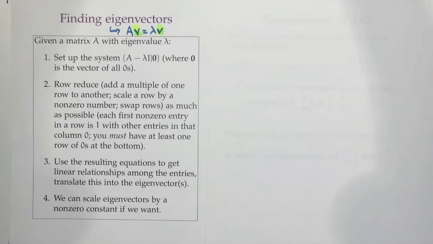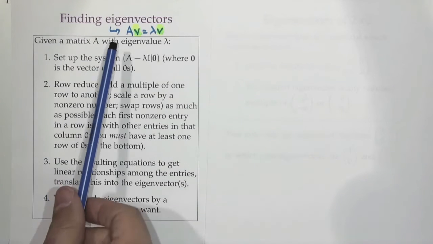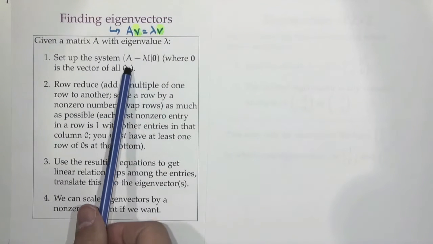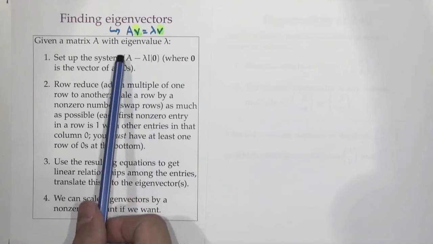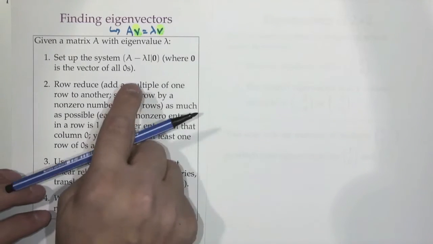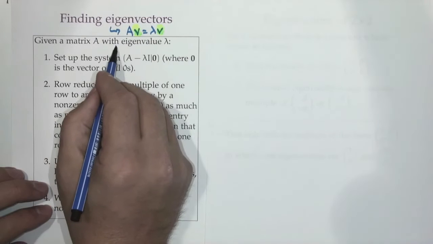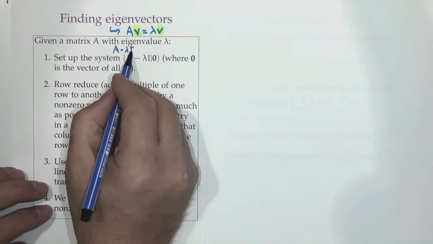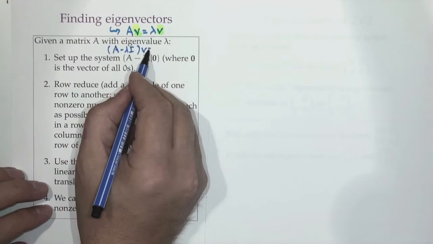Okay, so we say, all right, we know how to find these eigenvalues. It's about solving for roots of polynomials. How do we find the eigenvectors? Well, here's a very general approach. We know that if A times v equals lambda v, then really what we can look at is A minus lambda I, because we're trying to solve A minus lambda I times v equals 0.